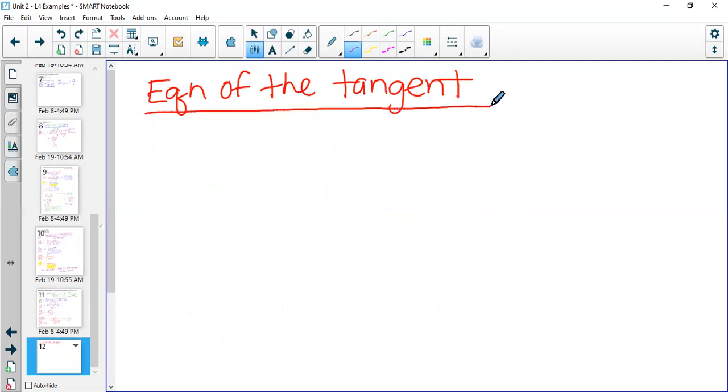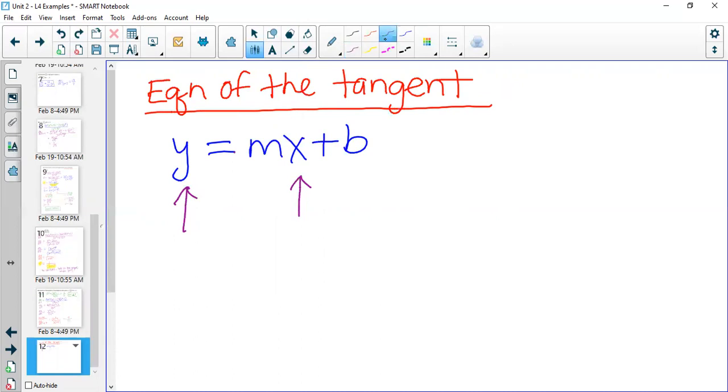I need to use all of the information that I've collected and substitute it into y is equal to mx plus b. So I'm going to substitute my point, and I'm going to substitute my slope in order to solve for b.